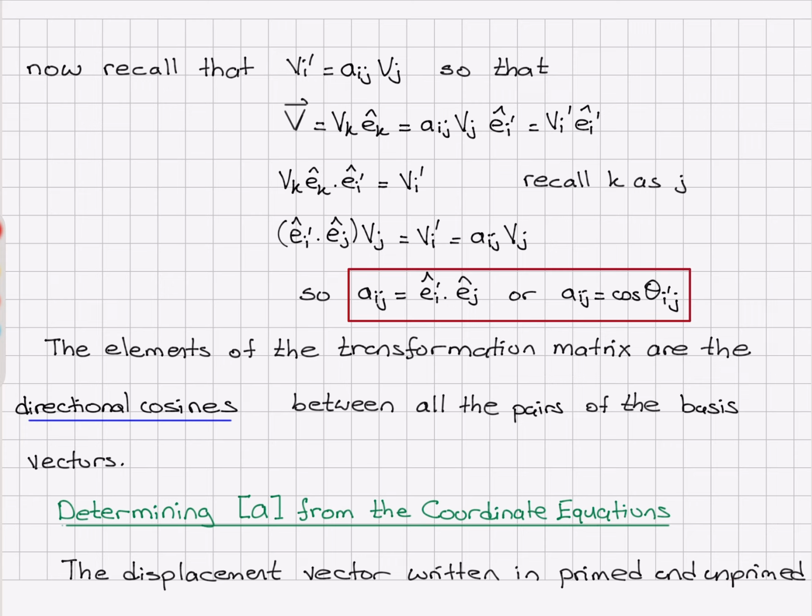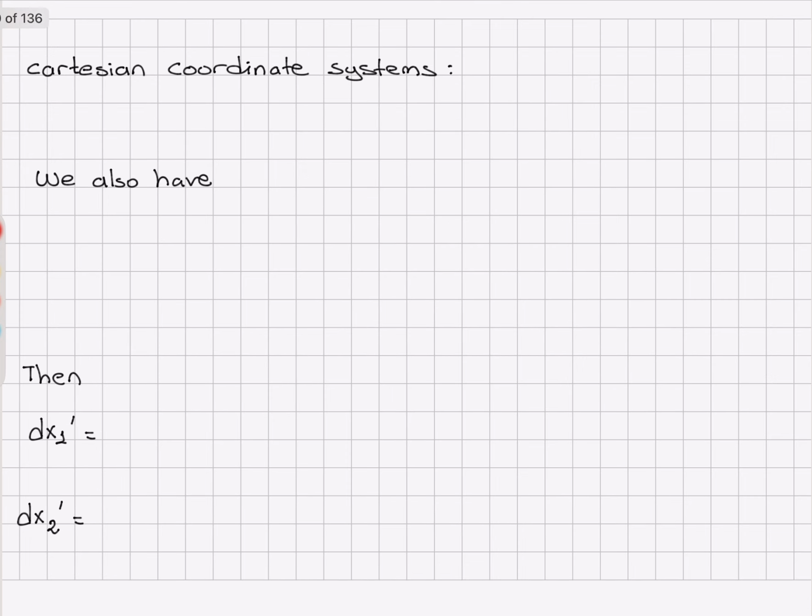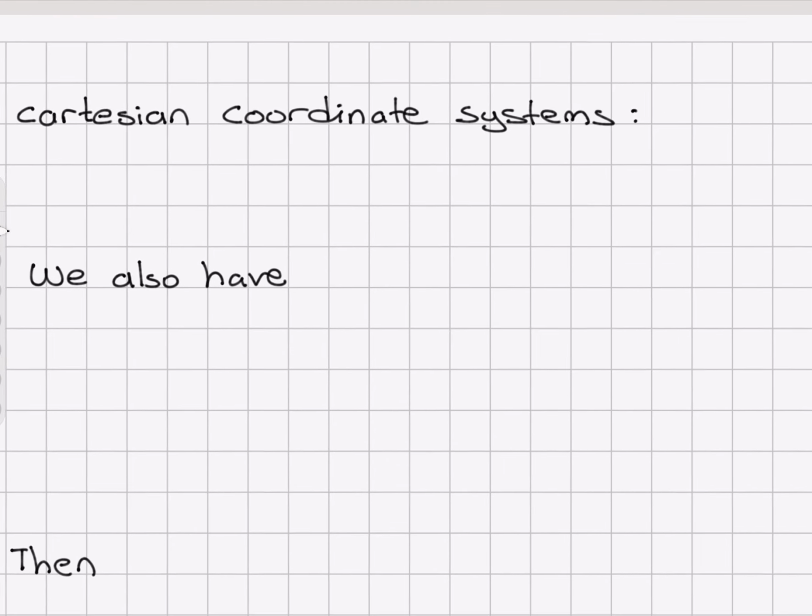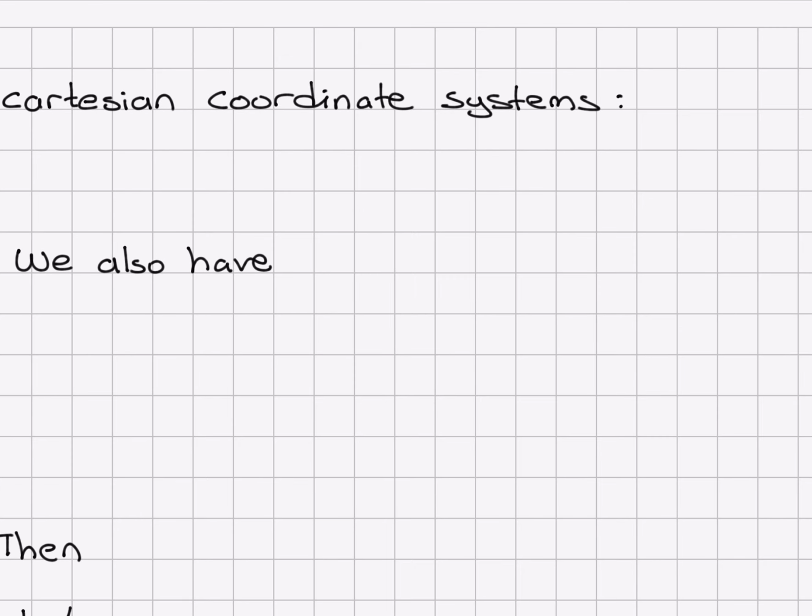Now, if I write the displacement vector in primed and unprimed coordinate systems, this can be a transformation between two Cartesian coordinate systems as well. We're going to have the differential displacement vector, dr, written as dxi ei hat in the original Cartesian, unprimed coordinate system.